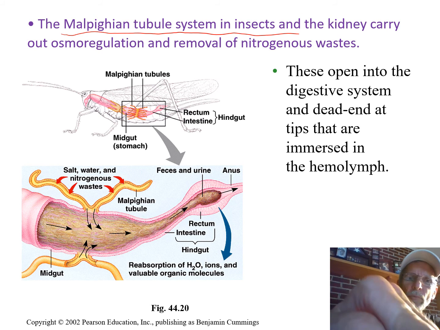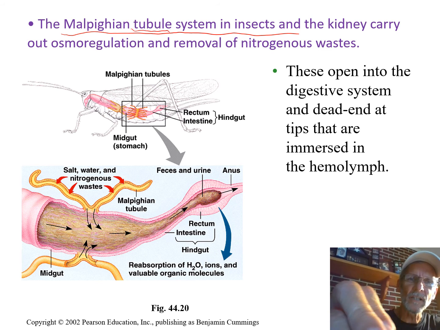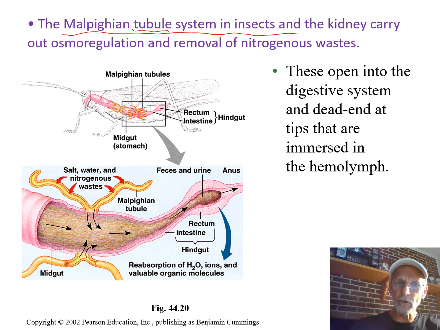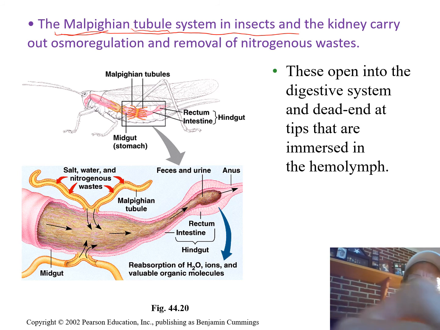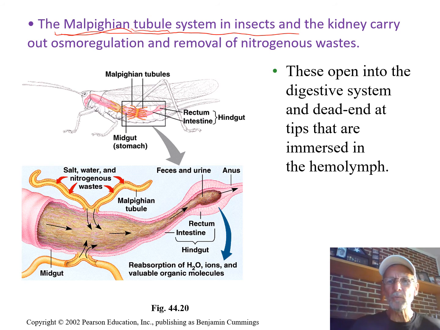These tubules, same kind of idea, tubes that eventually are going to lead to the outside of the insect, are named after a guy, Malpighian. That's why they're called Malpighian tubules, right? And the kidney tubes and these Malpighian tubules are, again, the same kind of thing. They're analogous structures. Remember that word, right?